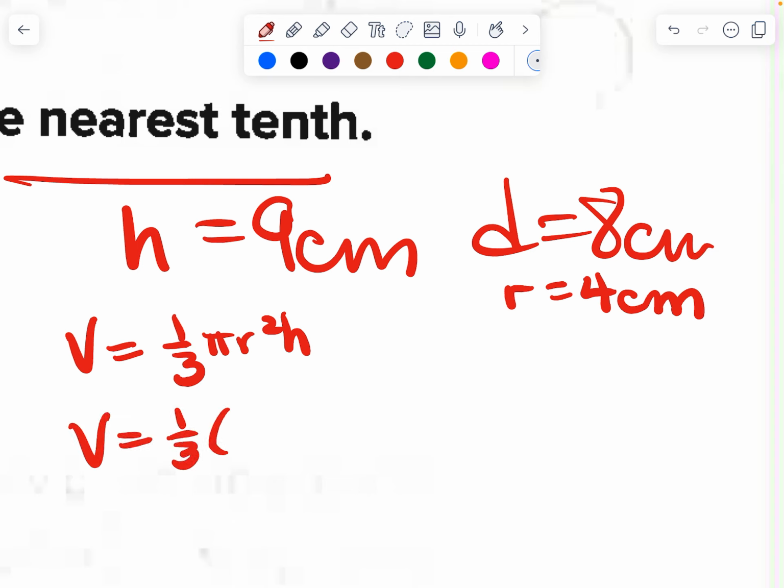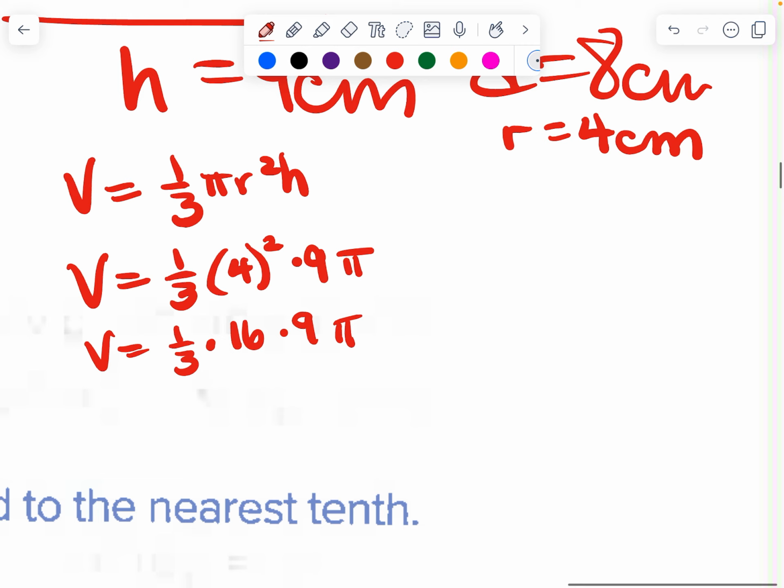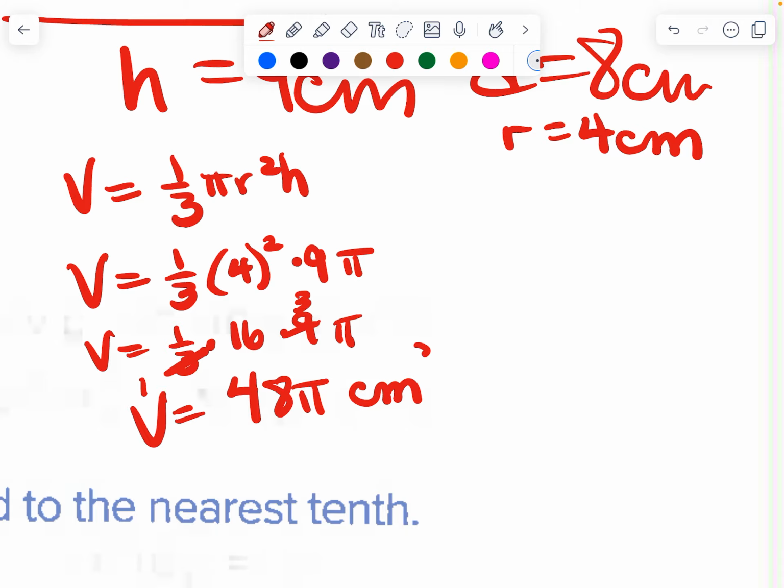My radius is 4, so I'm going to square that, times my height, which is 9, and then pi. So 1/3 times 16 times 9 pi. Now, 3 doesn't go into 16, but 3 does go into 9 3 times. So V equals 48 pi centimeters cubed.